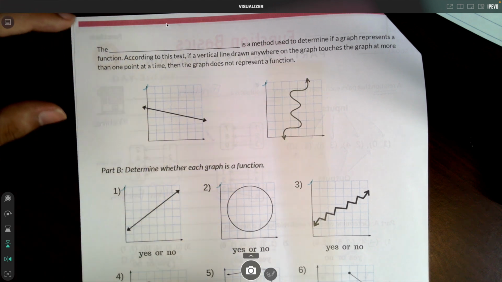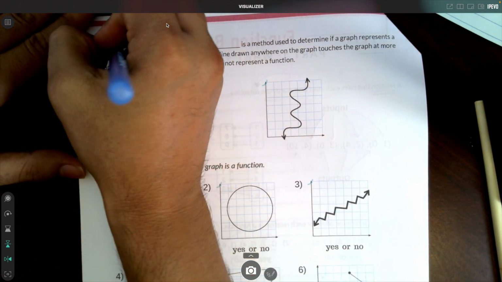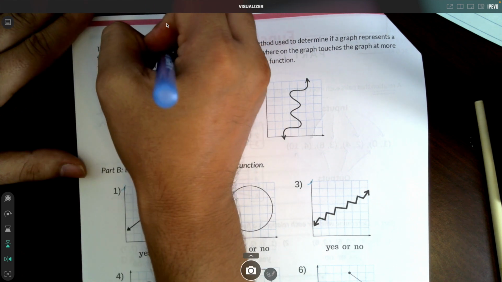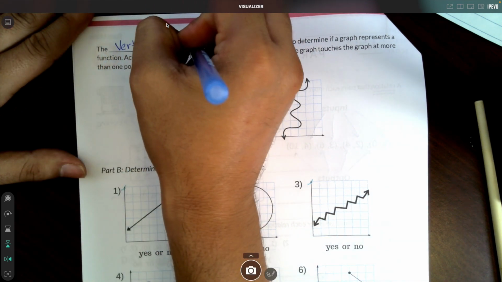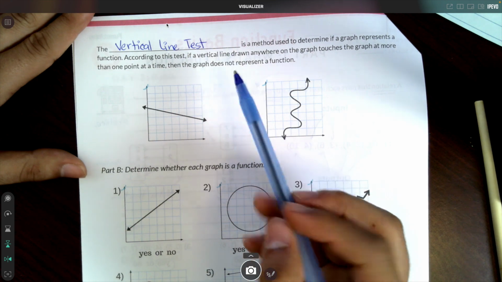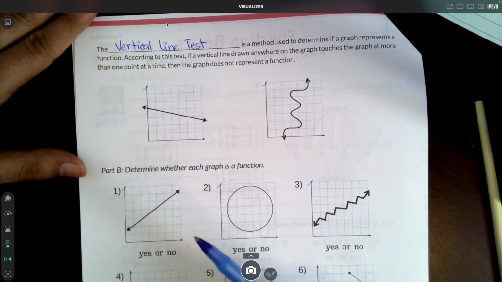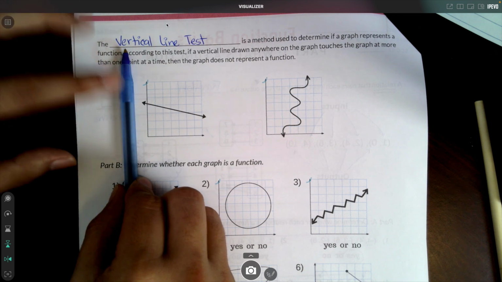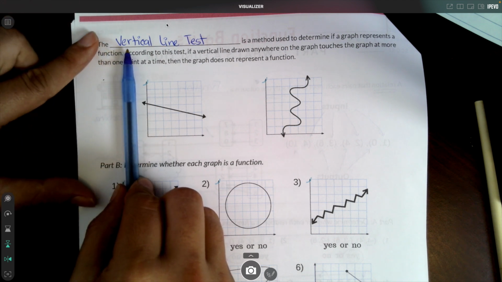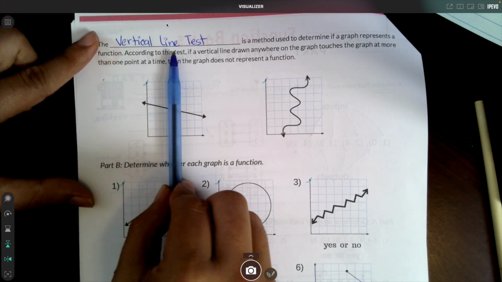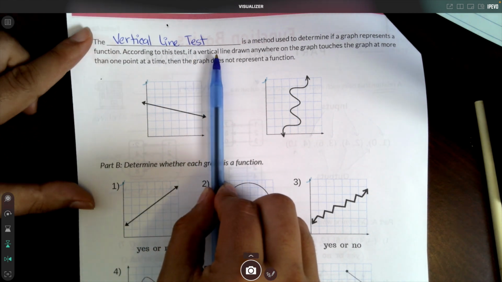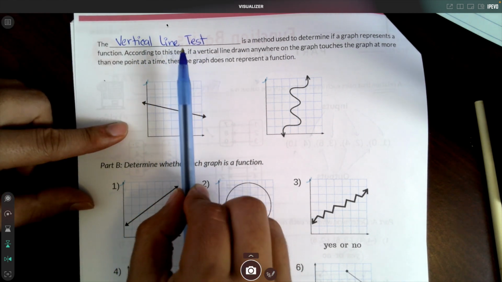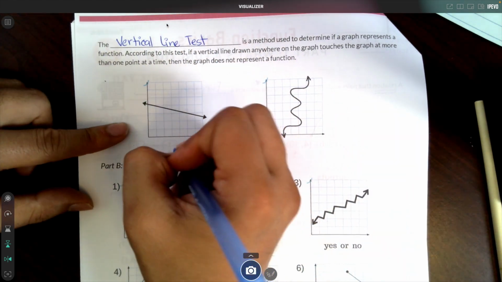There's a test called the vertical line test, and this is a method used to determine whether a graph is a function or not. Basically, people get a vertical line. Pretend this pen is a vertical line. If you go through the graph and it only touches exactly at one point, then this is a function.